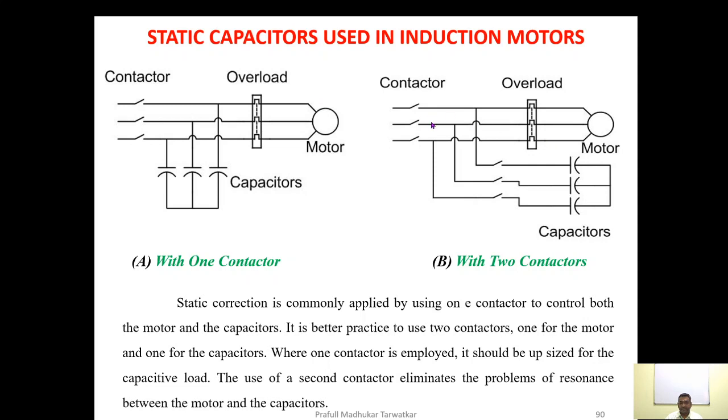In the two-contactor diagram, there is one contactor for the main source and one for the corresponding capacitors. Unless the capacitor contactors are closed, we cannot have the power factor improvement. And these contactors are specially designed for capacitor or power factor improvement devices and have capacitor duty.